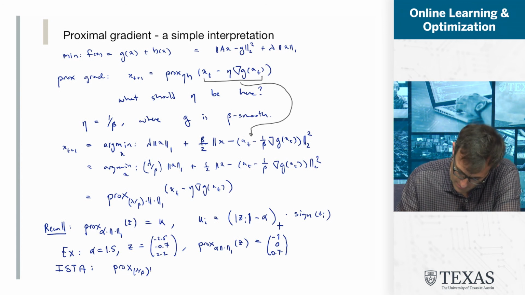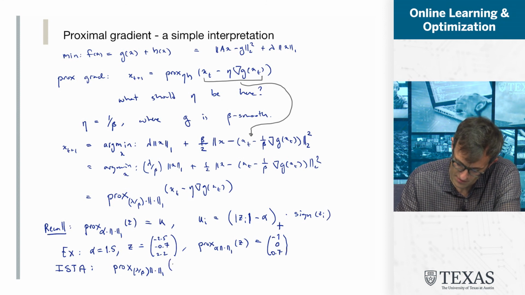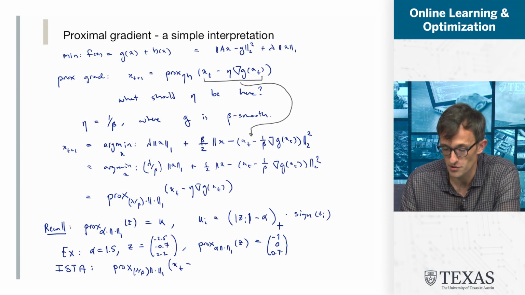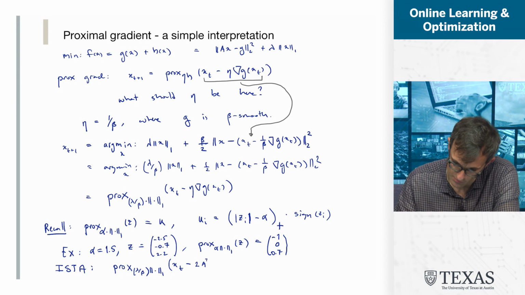Prox of the L1 norm of x_t minus the gradient of that first smooth term, which again is just twice A transpose times (Ax minus y).